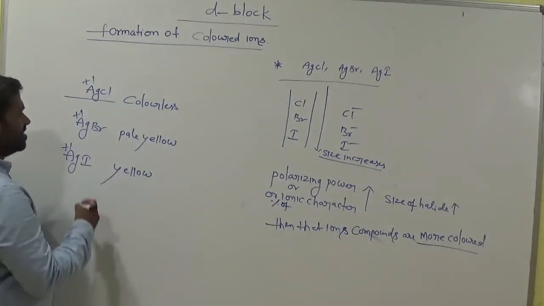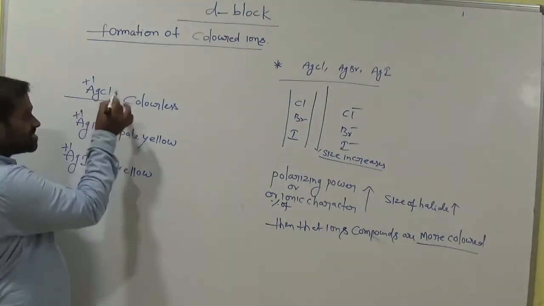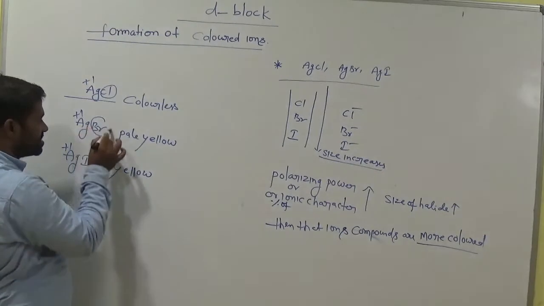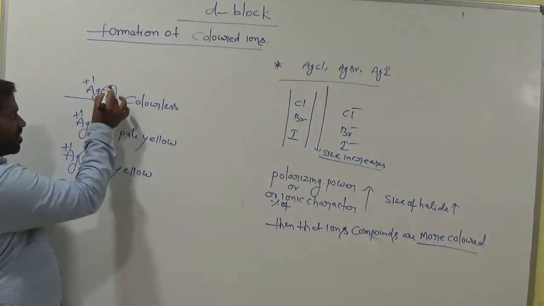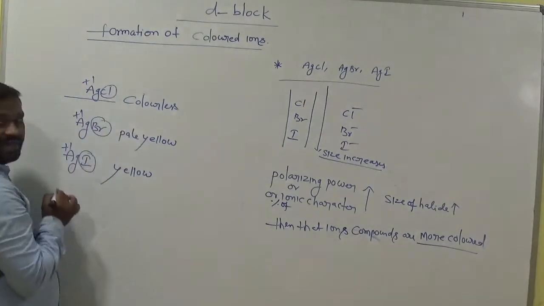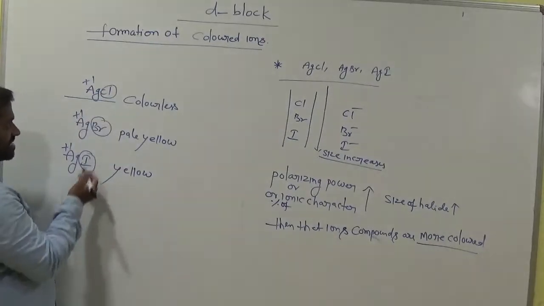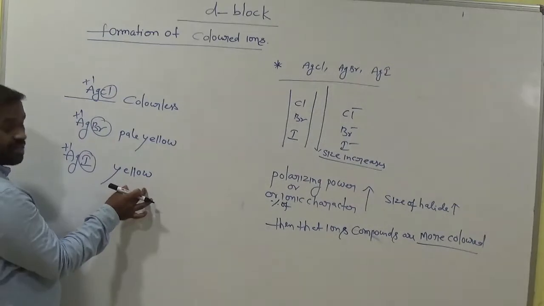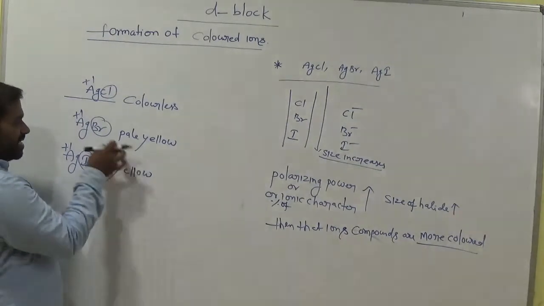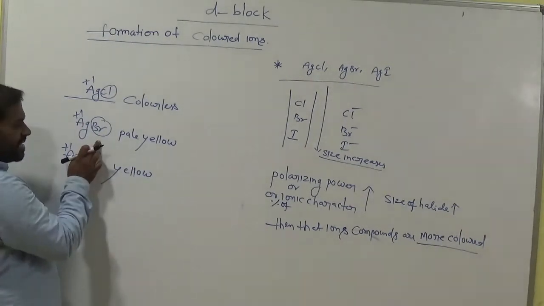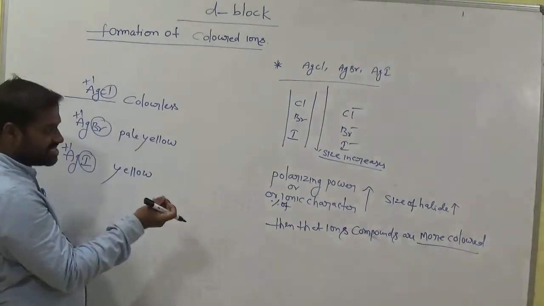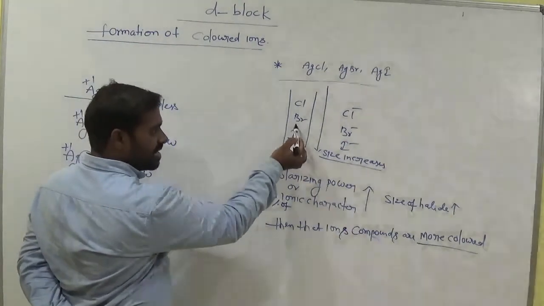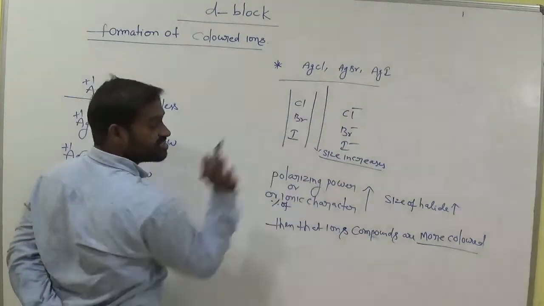What is the difference? If you observe the size of the halide ions, chloride Cl minus, Br minus, I minus, sizes increase. Iodine is bigger in size, so it gives a thick yellow color. When comparing with I minus, Br minus is smaller in size. Cl minus is very small.